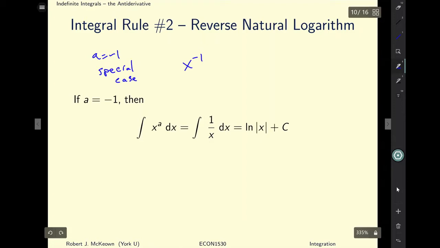If we're trying to integrate x to the -1, or as I've written it over here, 1 over x, remember that if we had f of x equal to the log of x, f prime of x was equal to 1 over x. And so here we've got the reverse natural log rule.